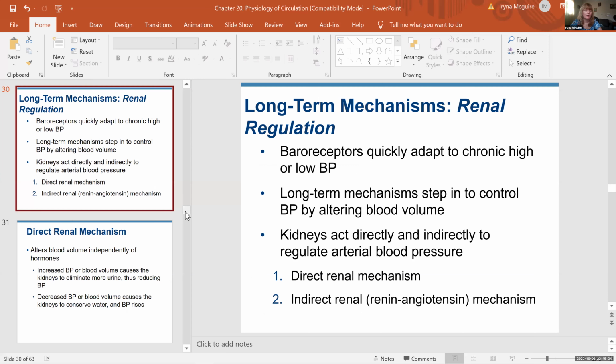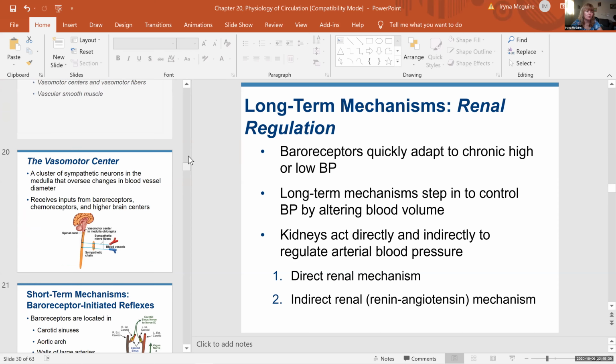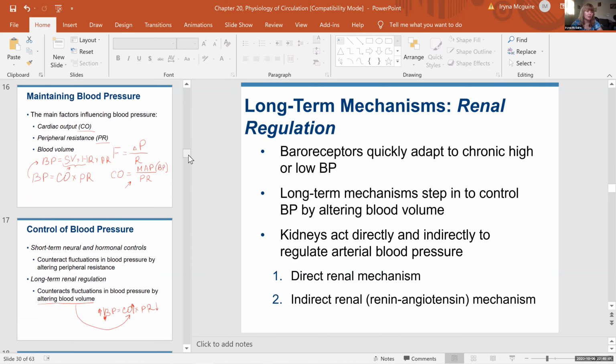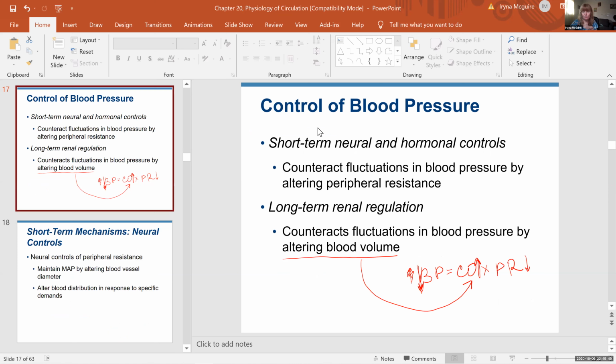go back, right? And I want to just remind you that we are talking about blood pressure regulation. So we're talking about how your body regulates blood pressure. Is it short-term regulation or long-term regulation? If it's short-term regulation, it can be neural or hormonal control.